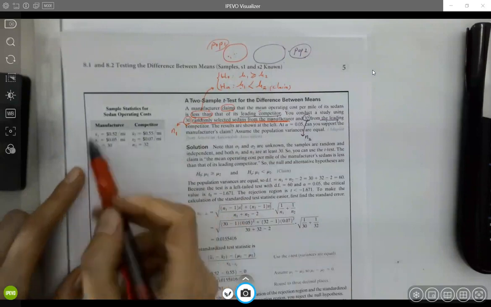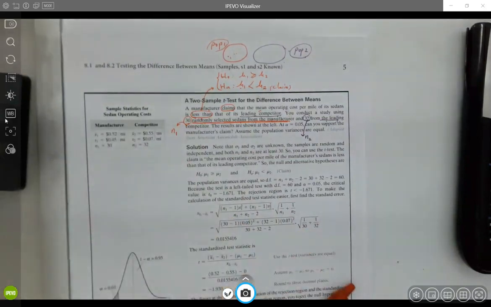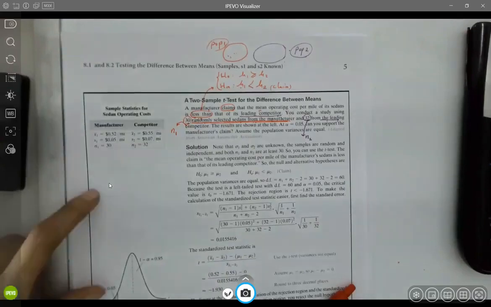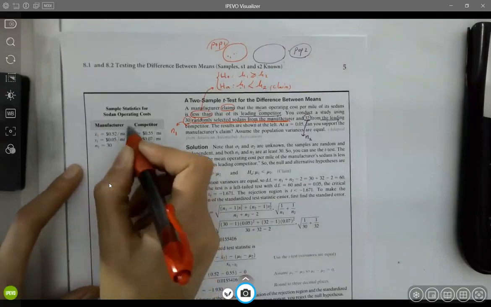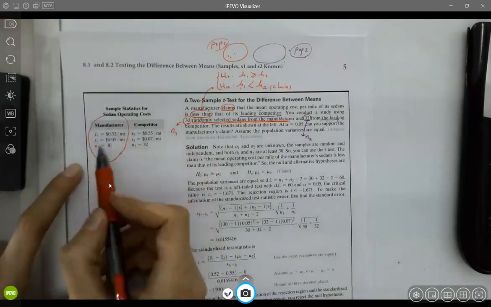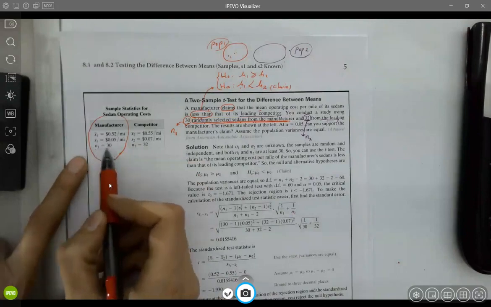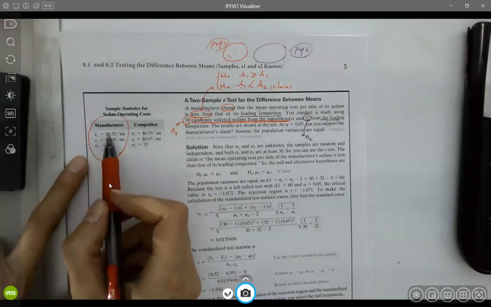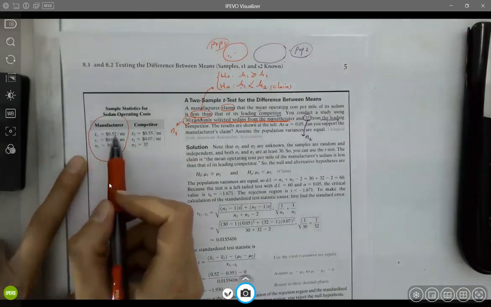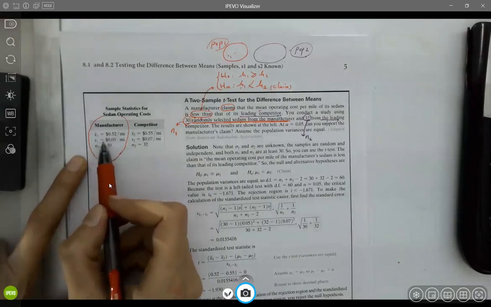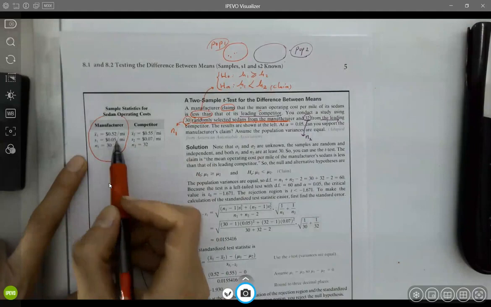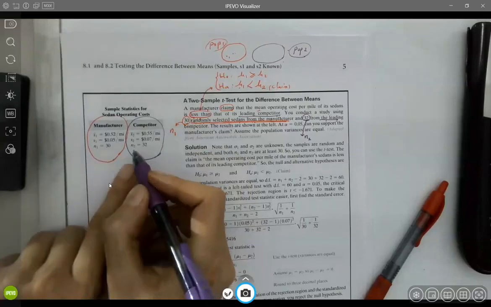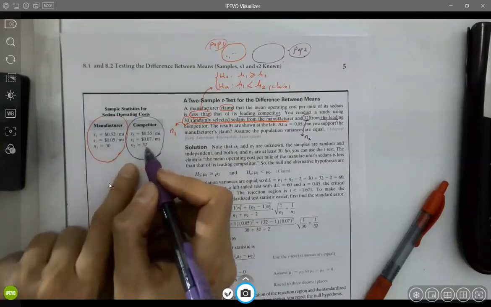Well, this is the information that we have here. From the first population, I'm using a different color for the first population, we took a sample of 30. The mean of the first sample is 52 cents. The standard deviation is 5 cents. From the second population, we took a sample of 32.